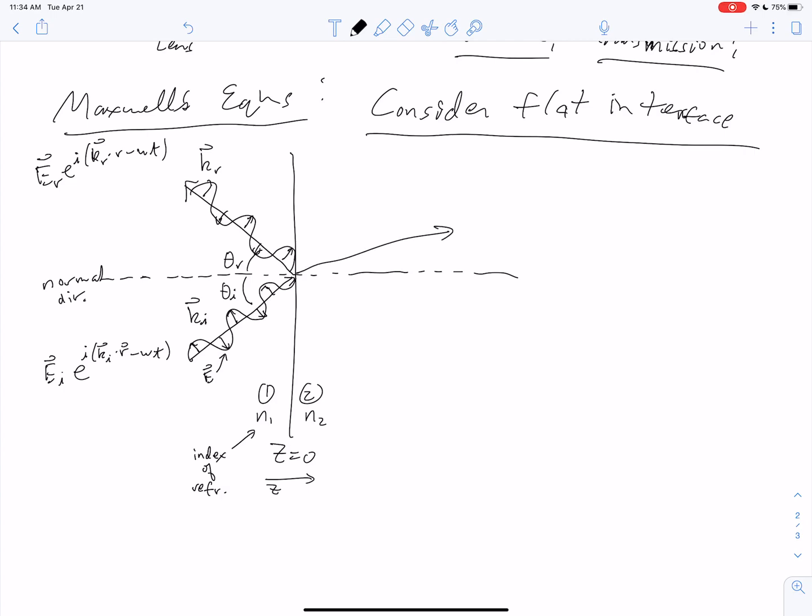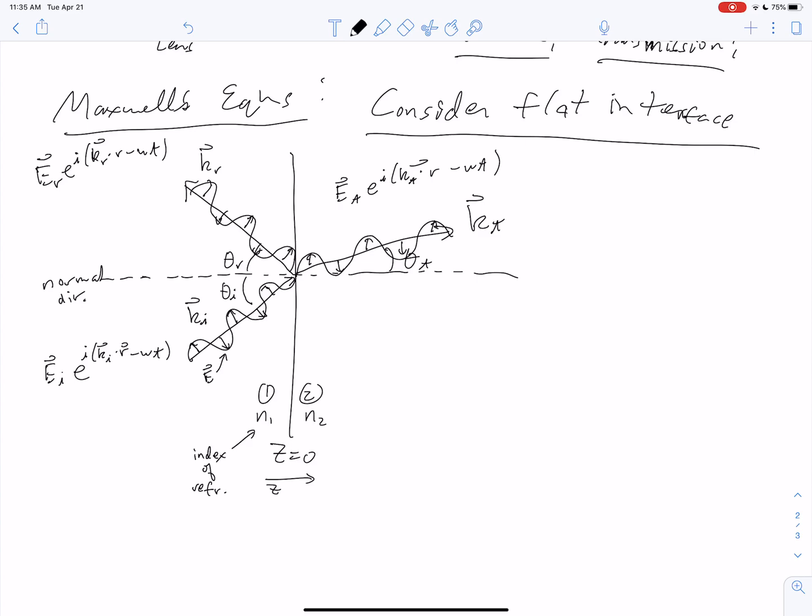Yay, there it is, my transmitted wave. And that is coming out at some angle of transmission. And the angles are always measured with respect to the normal. That's a convention, and it's important to remember. And here's my transmitted wave, and the expression for it is e to the i (k_t dot r minus omega t).